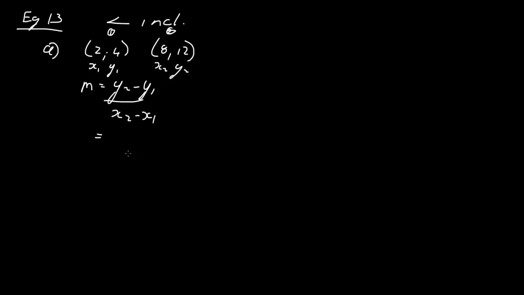Easy stuff. So y2 minus y1 is 12 minus 4, over x2 minus x1, which is 8 minus 2. 12 minus 4 is 8, over 6, which is equal to 4 over 3.